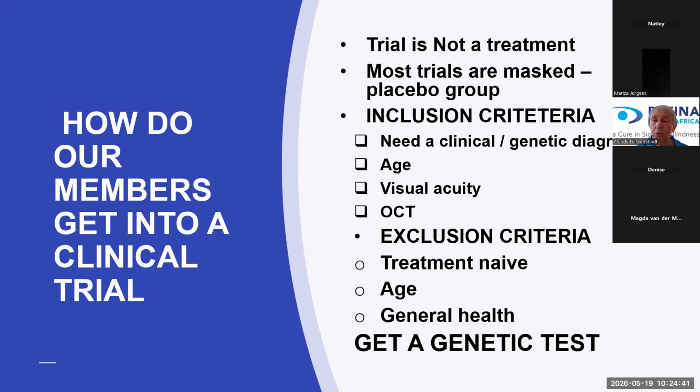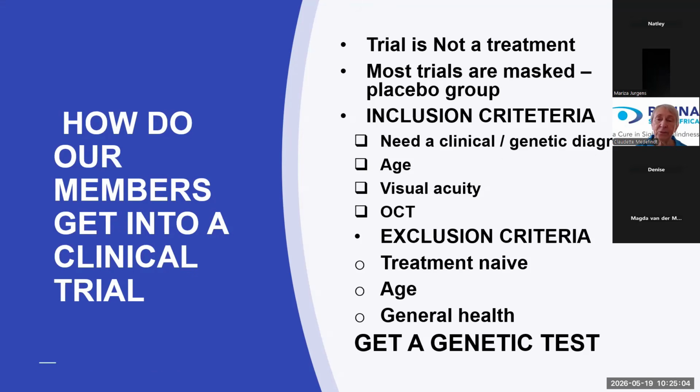But there are also inclusion criteria, and I see I've got a lovely big spelling mistake there. That's because I have retinitis pigmentosa and poor vision, so you will excuse my typos. You need a clinical and a genetic diagnosis. Clinical diagnosis, we have to know that it is actually the condition that they're trying to treat.